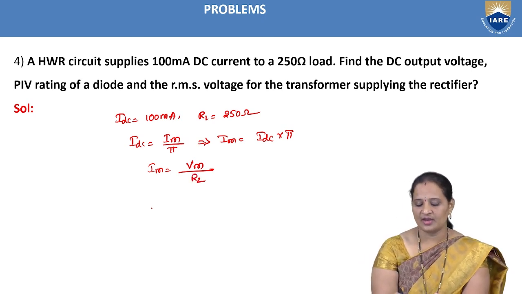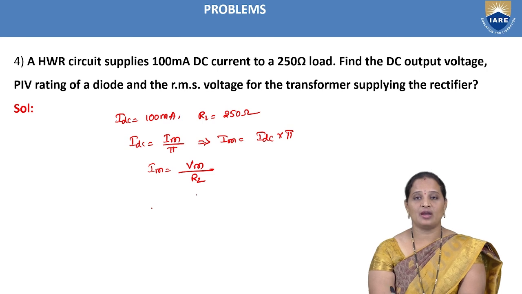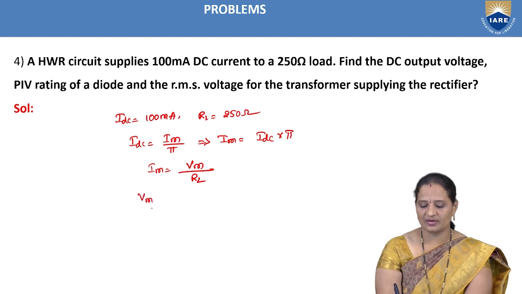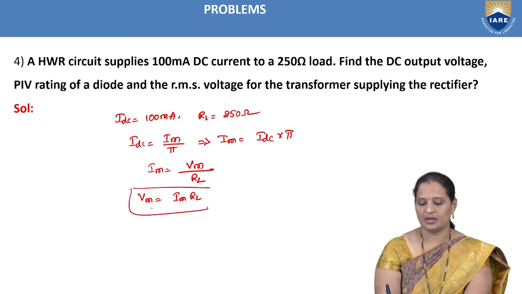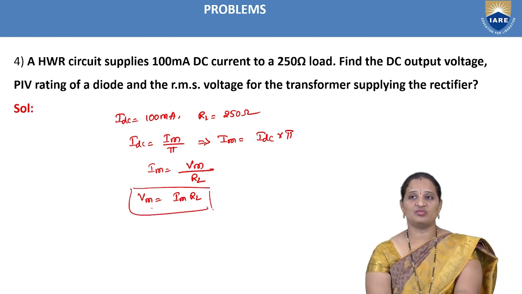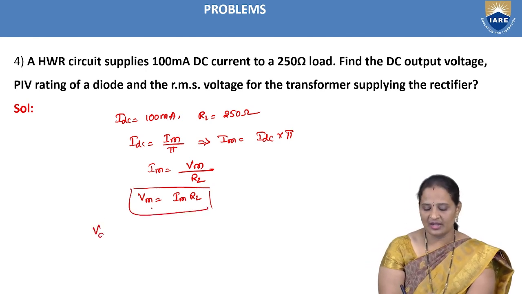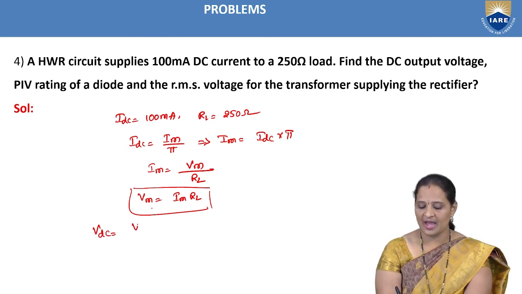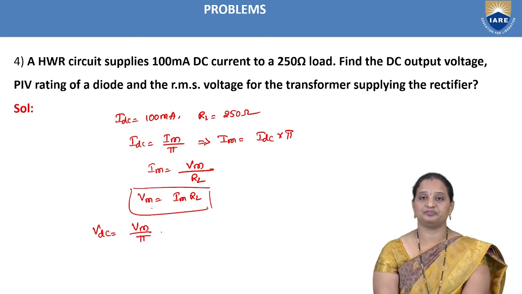So Im is equal to Vm by RL. As you can calculate the Im value from this, you can calculate the Vm value, that is Im into RL. Once the maximum value of voltage is known, we can calculate the DC output voltage across the load resistor as Vm by pi.